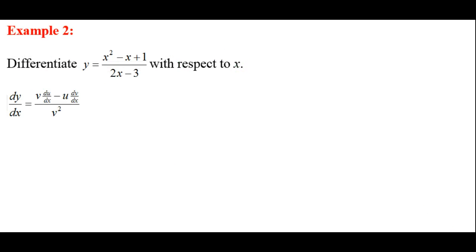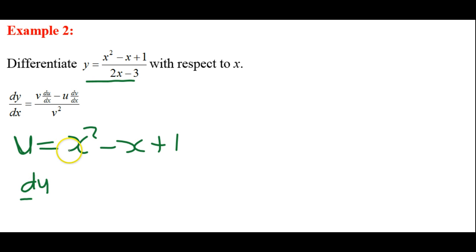Example number 2. So for example number 2, we are to find the derivative of this with respect to x. So once again, I will define the numerator as u, and that is x squared minus x plus 1.